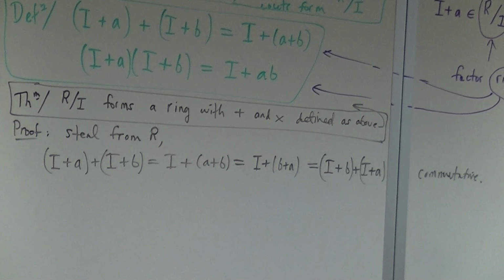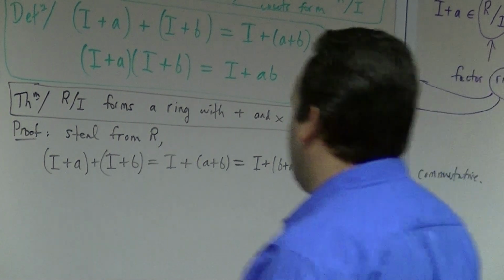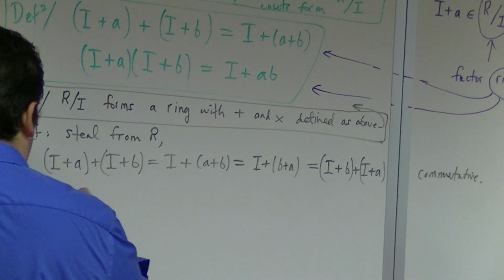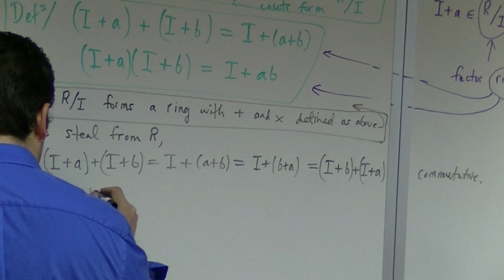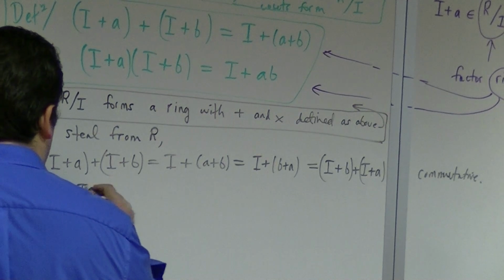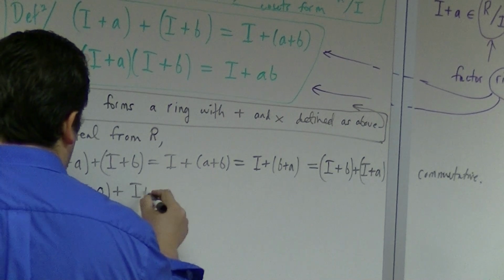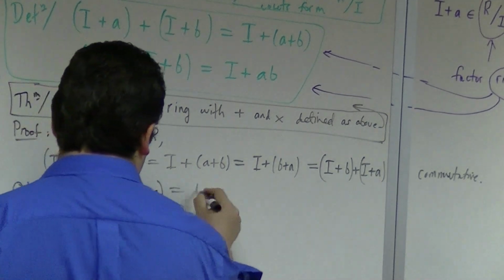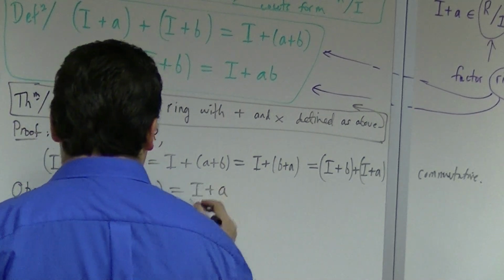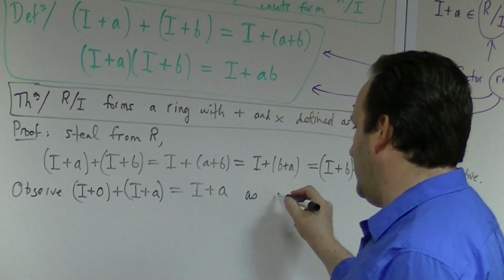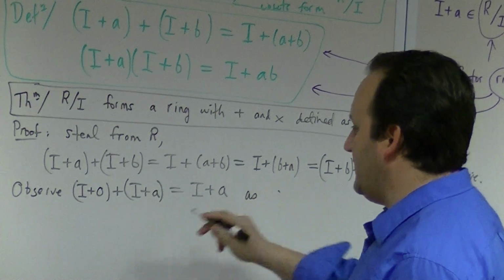The factor ring has a 0 also, right? What's 0? So observe that I plus 0 plus I plus A is equal to I plus A. Well, maybe I should put an A here first.